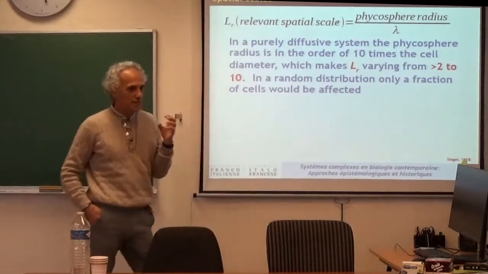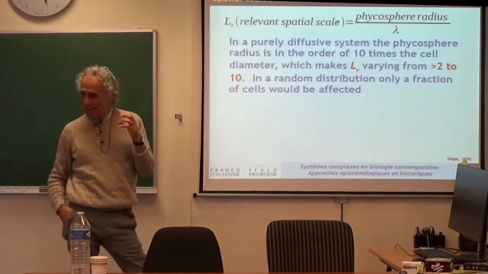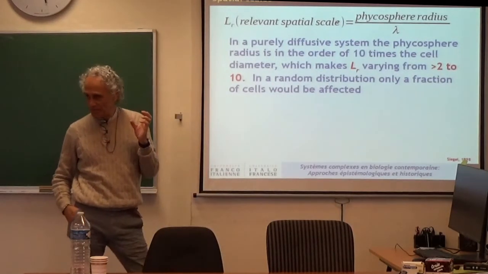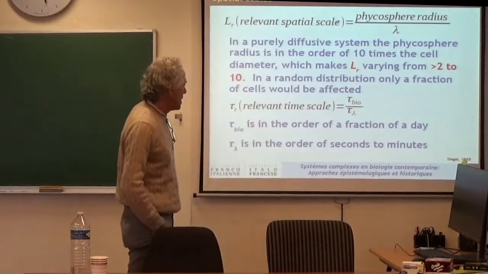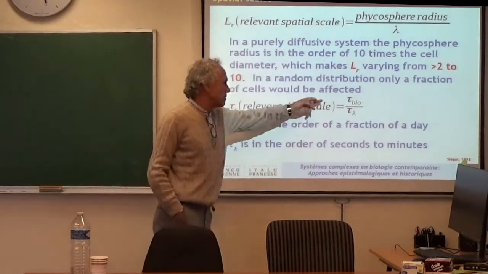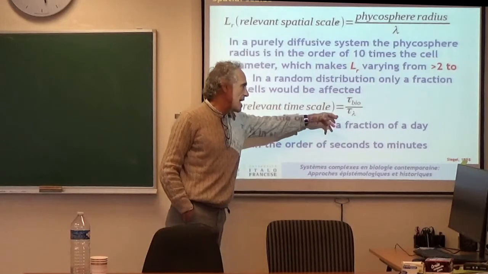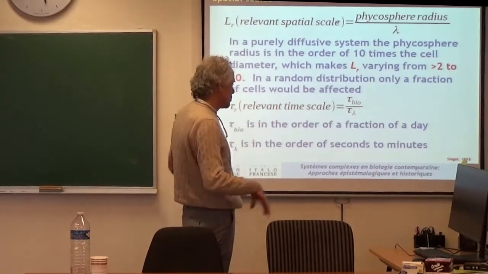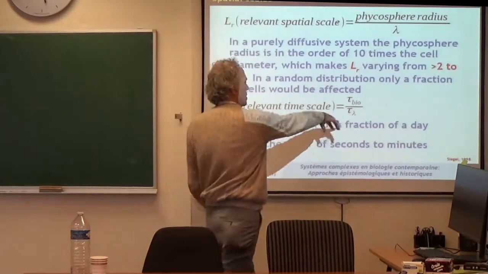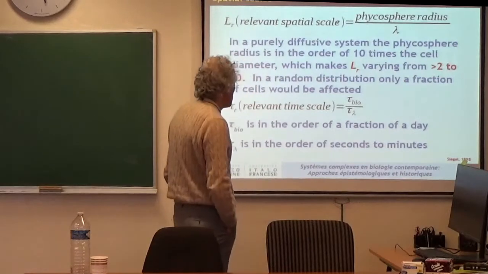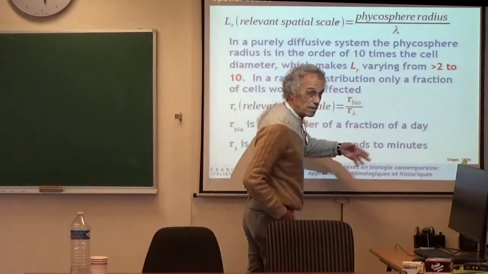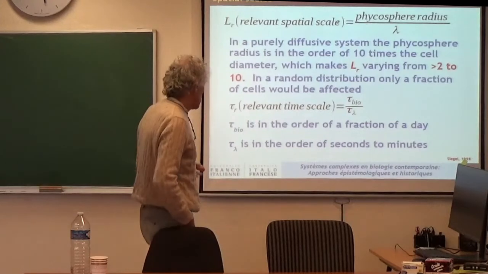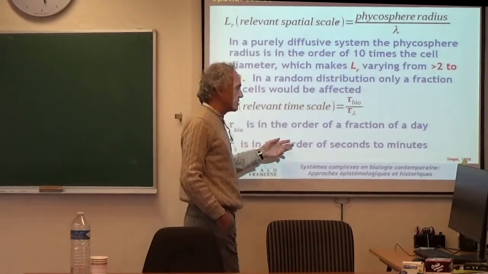So the phycosphere is smaller than the average distance among the organisms. And if you take the time scales, biological time versus the time to diffuse from this distance, then the biological time scale is in the order of a fractional day, say the division rate, and tau is in the order of seconds.